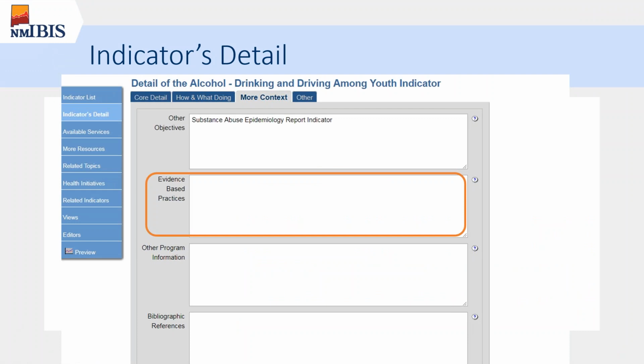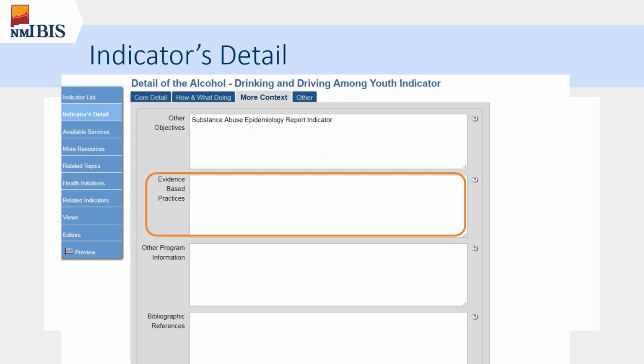And going across again, we're on the next tab, more context. I want to encourage everyone to use the evidence-based practices field in the more context tab. Communities look to us for information on best health promotion practices.